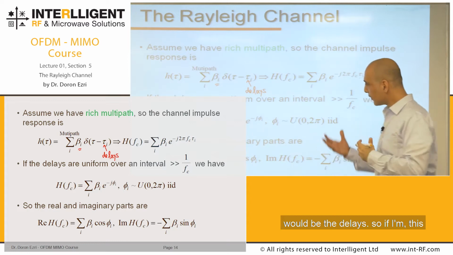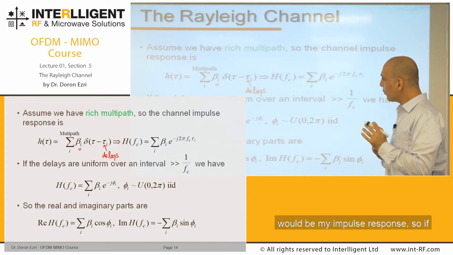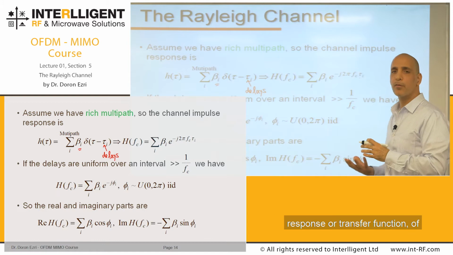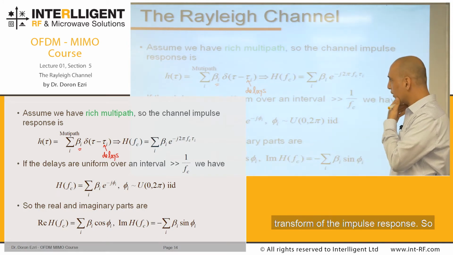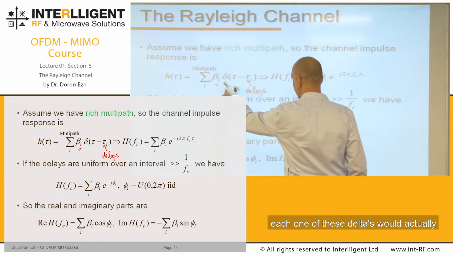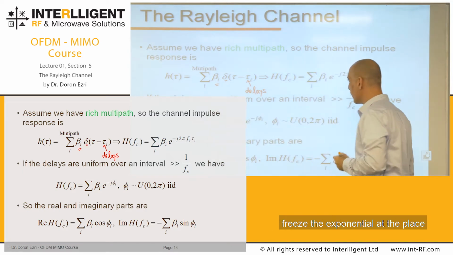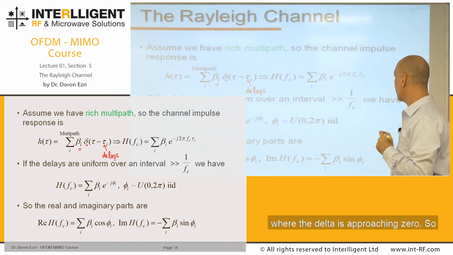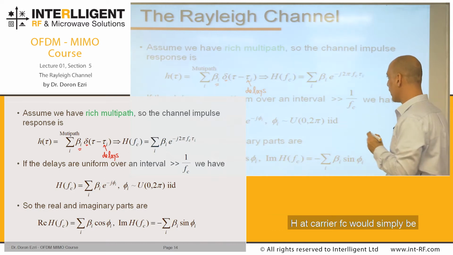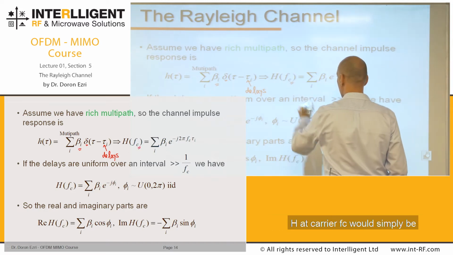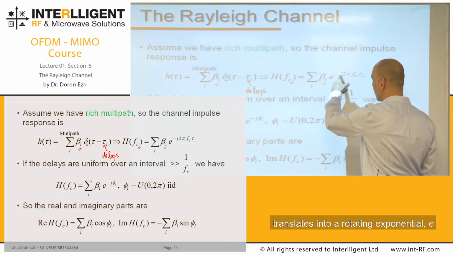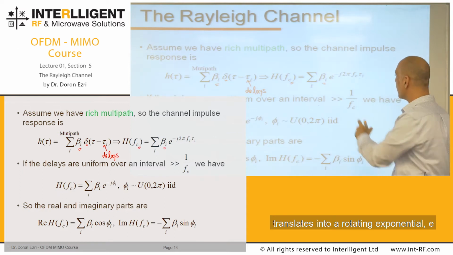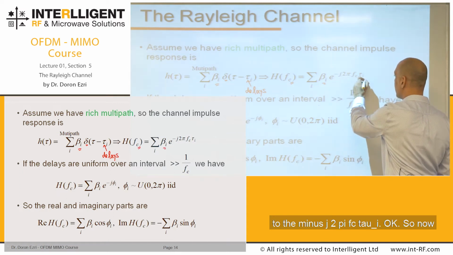If I'm interested in the frequency response, or the transfer function, of course, this would be the Fourier transform of the impulse response. So each one of these deltas would actually freeze the exponential at the place where the delta is. So h at carrier fc would simply be sum of beta i, very similar to the impulse response, but now each delta translates into a rotating exponential e to the minus j 2 pi fc tau i.